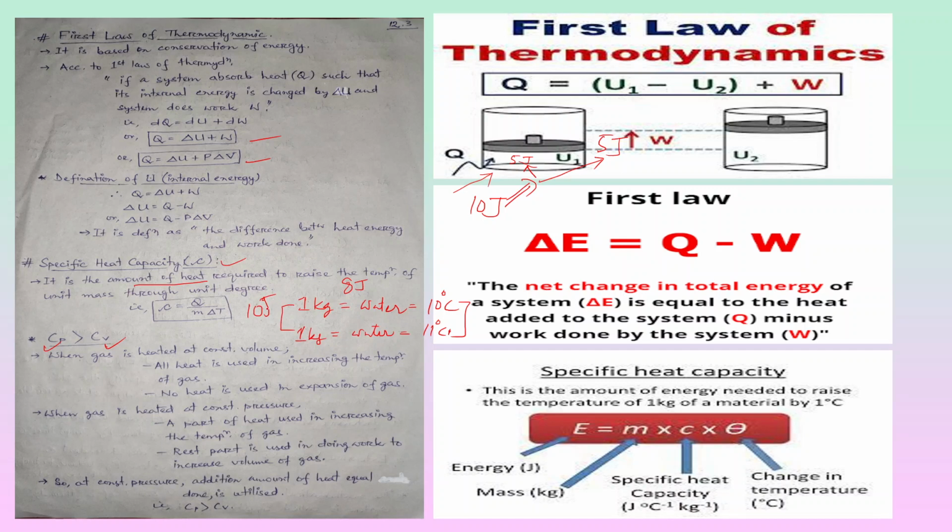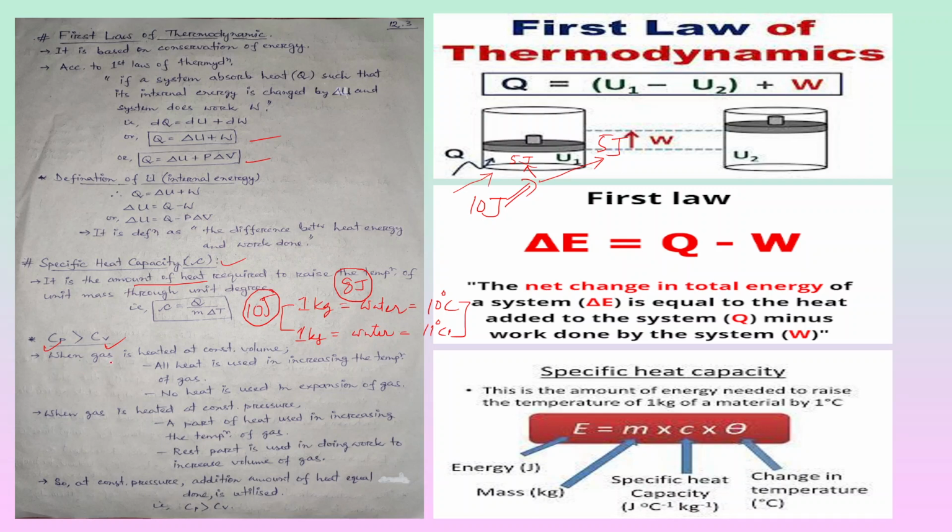When we keep pressure constant, the amount of energy is 10 joules, but when we keep volume constant, then we see that the amount of energy is only 8 joules. That means at constant volume the amount of energy is less than the specific heat at constant pressure. So why does this happen?